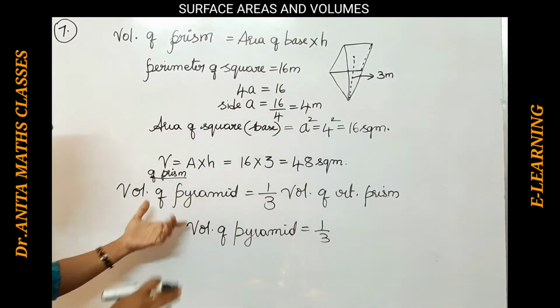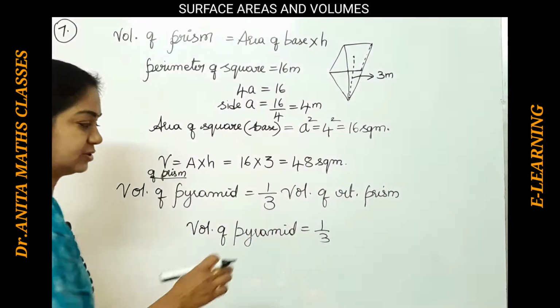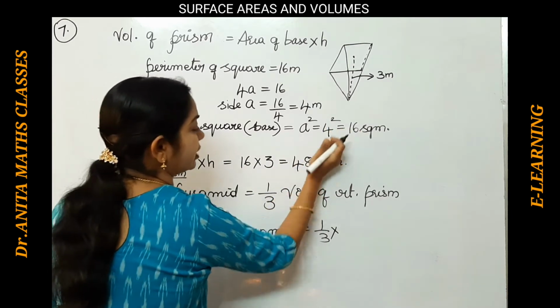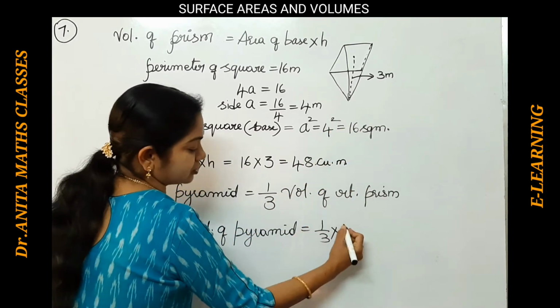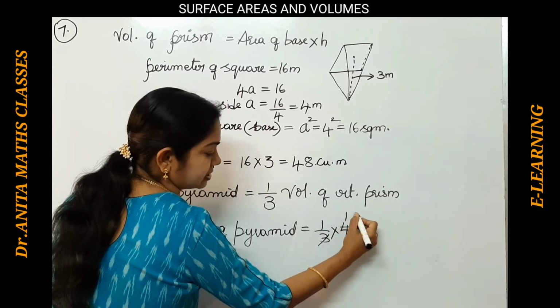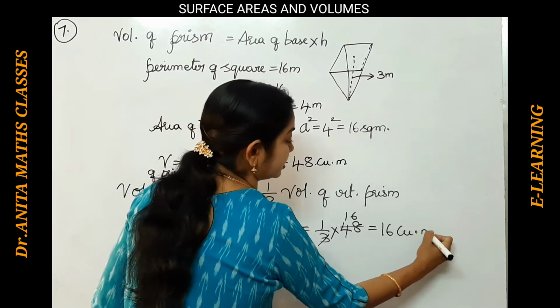But volume of the pyramid is 1/3 the volume of the prism. So, 1/3 into 48, we can't take this as cubic meters, okay. So, 3 ones, 3 sixes are 18. So, this comes to 16 cubic meters, right.